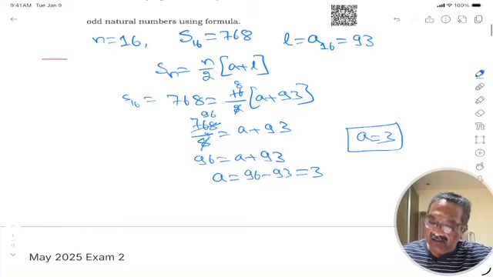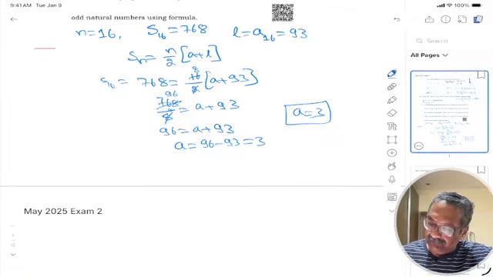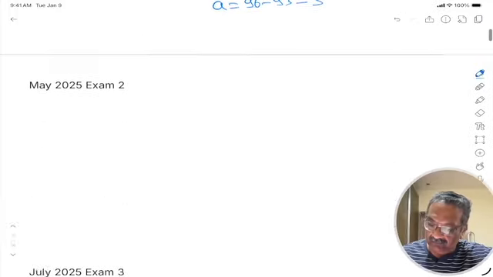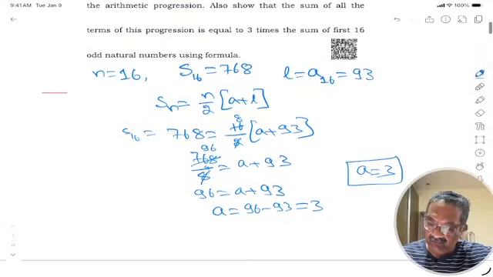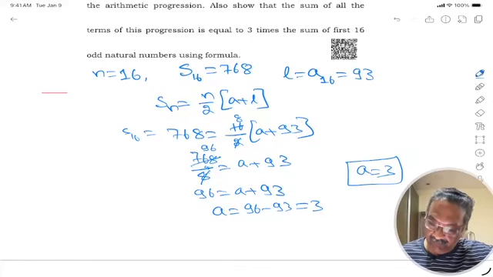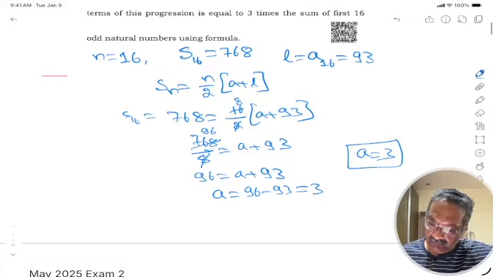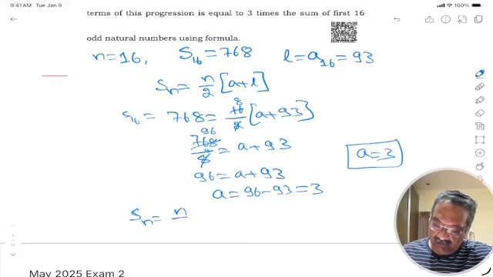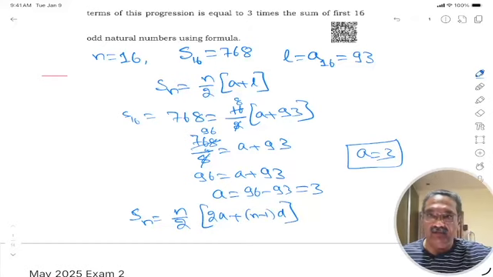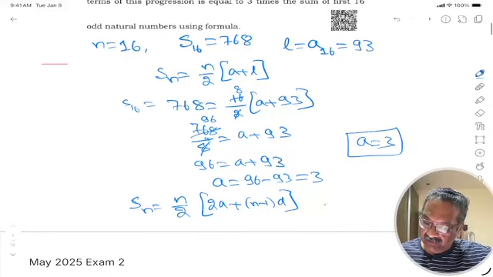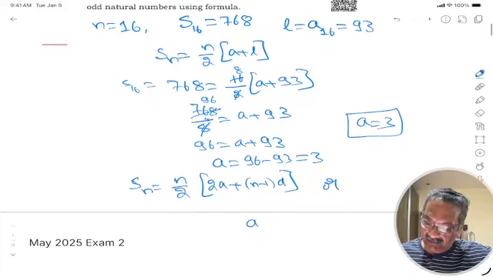Now, using the other formula, what is the other formula we have? Sn is equal to n by 2 into 2a plus n minus 1 d. We can either use this, we have to find d, or we can also say that the last term a16 is equal to a plus n minus 1 d.